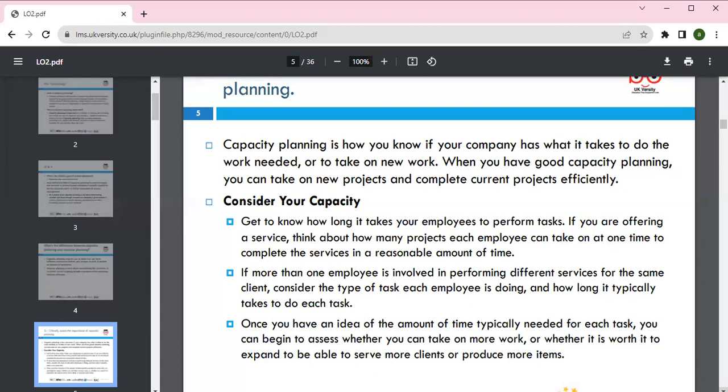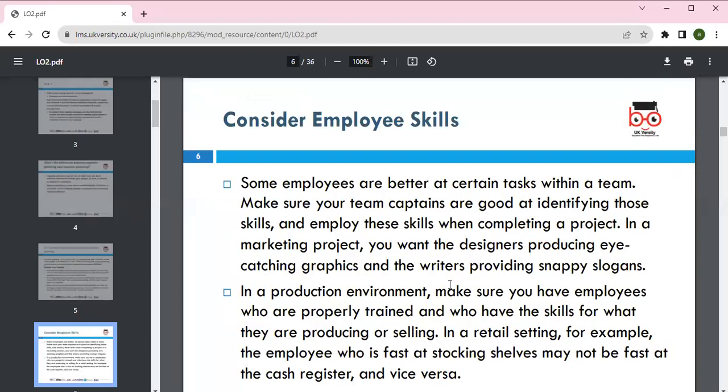Once you have an idea of the time typically needed for each task, you can assess whether you can take on more work, or whether it is worth it to expand to serve more clients and produce more items.